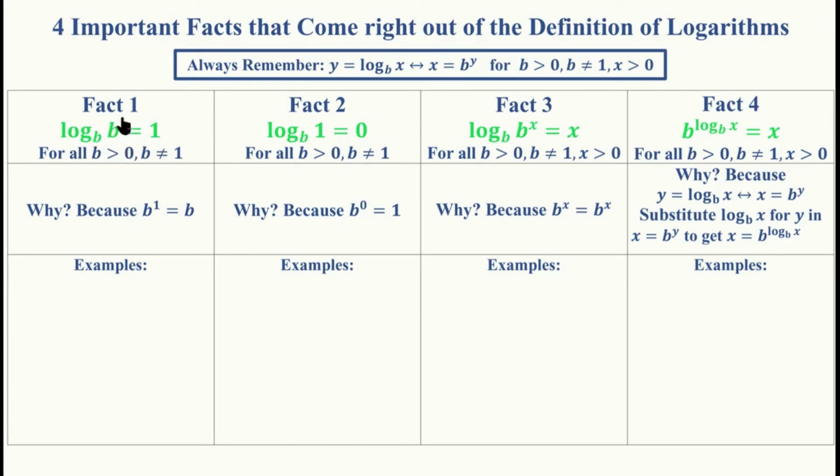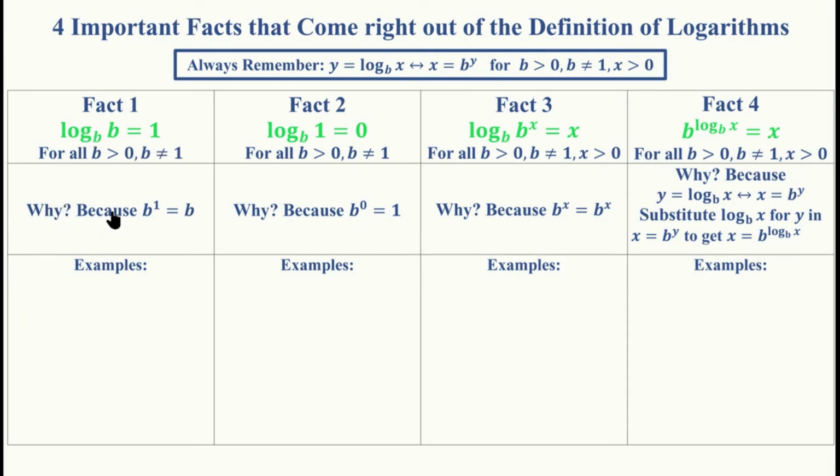Because remember, when you see log base b of b, what do you ask? You say b to what power? There's an invisible exponent there, and that's going to be the answer for the log. So b to what power gives you b? Of course, that's going to be 1.